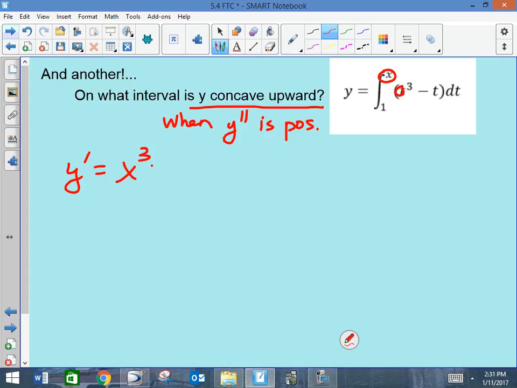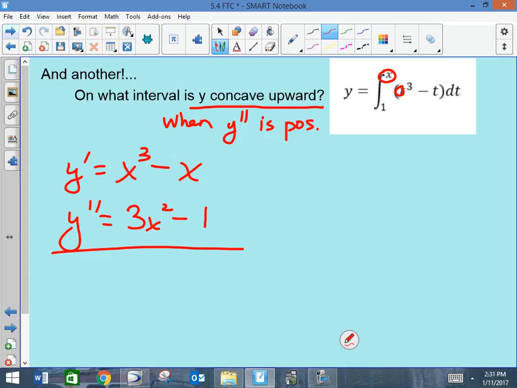And tell me what Y double prime is then, Allie Rivers. 3x. Okay. And we've done that a million times, right? How do we find where this is? Okay, how do I find out where that's positive?